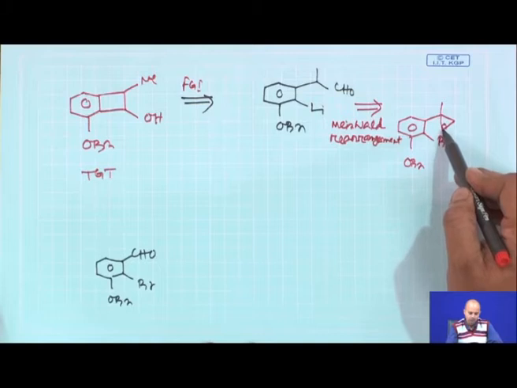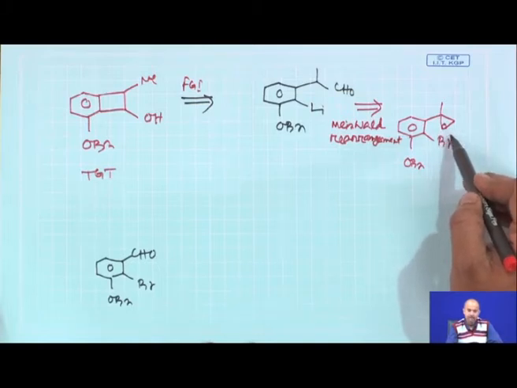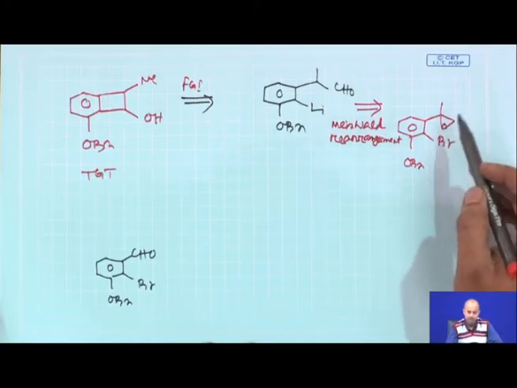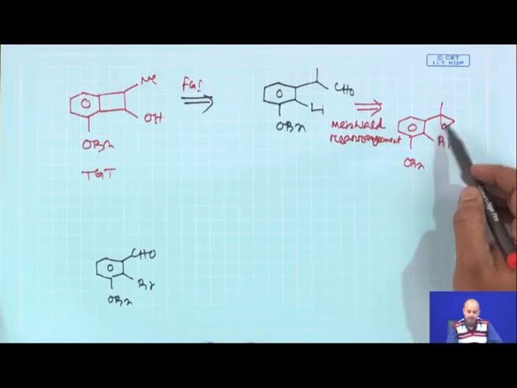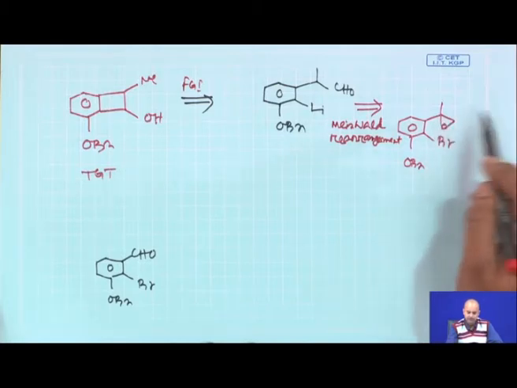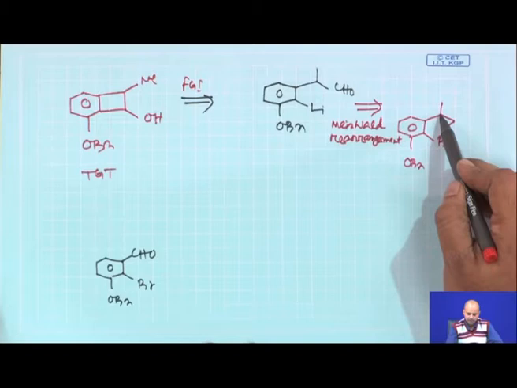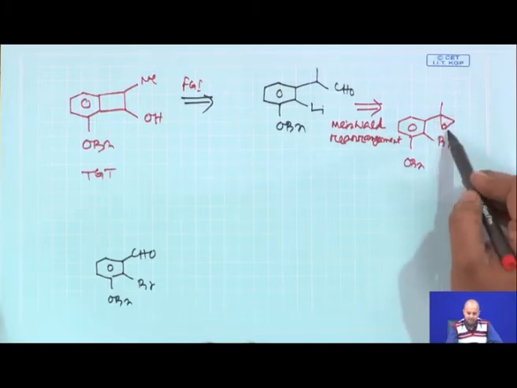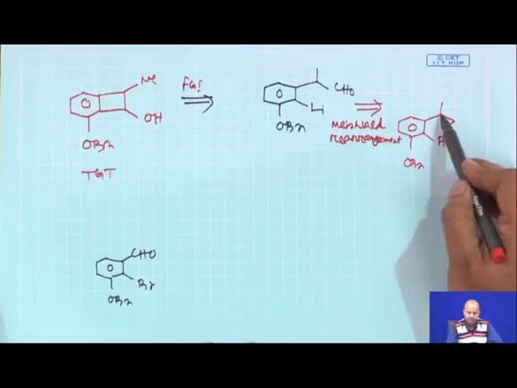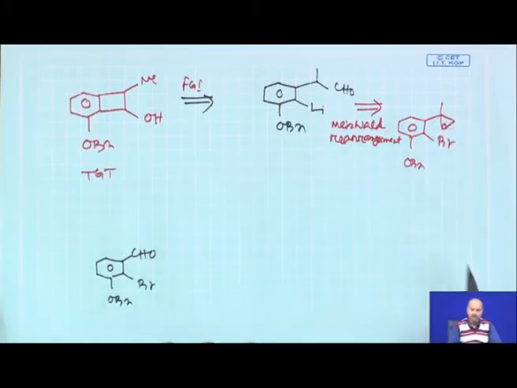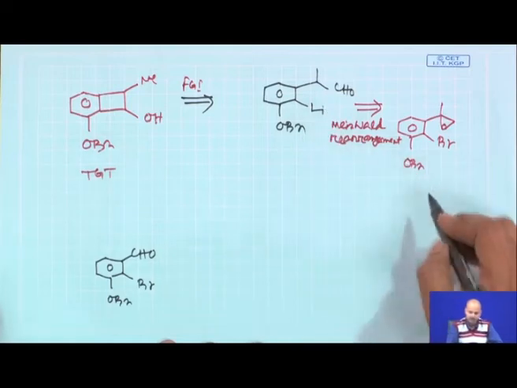Initially you coordinate with the Lewis acid and then open up this particular epoxide, putting a carbonium ion here. Then one of these hydrogens migrates and you get this aldehyde through a Meinwald rearrangement.